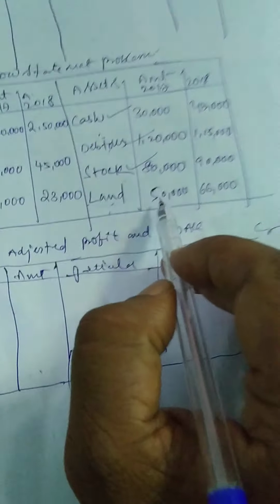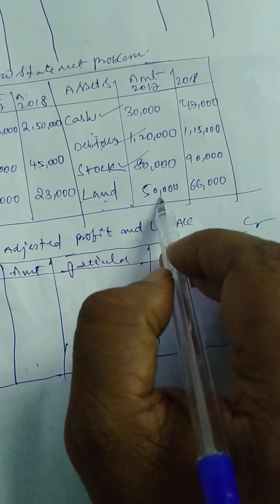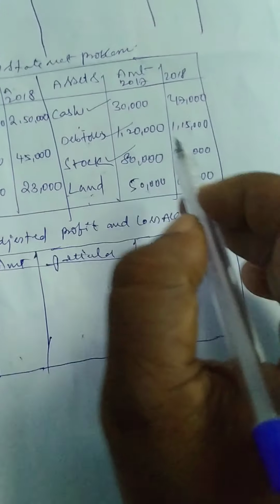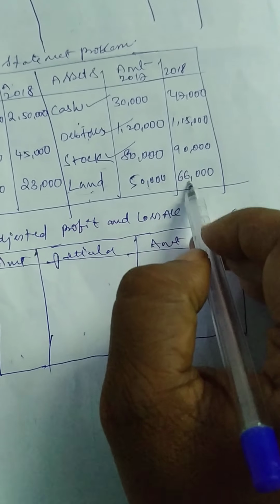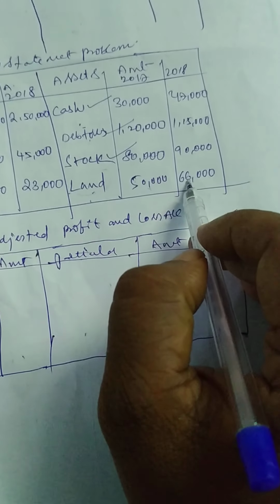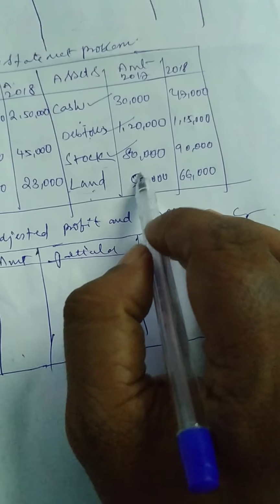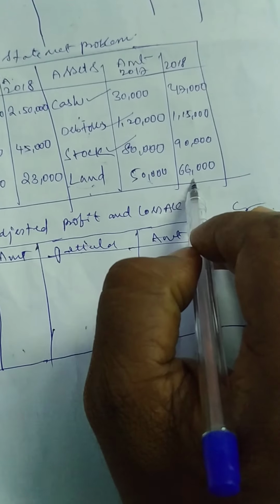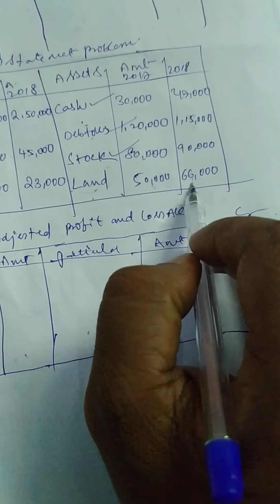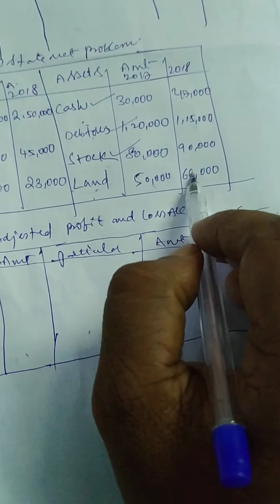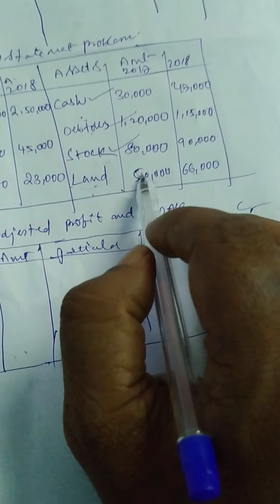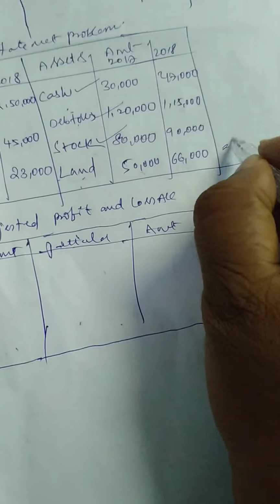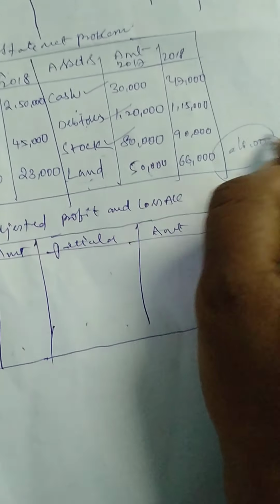For example, in 2017 we purchased land worth 50,000 rupees. In the present year's balance sheet, 2018, the same land is 66,000. So the value has increased, meaning we purchased more land. How much increase? 16,000 is the increase in land value.